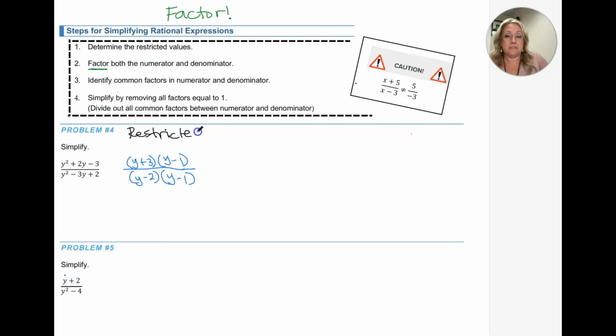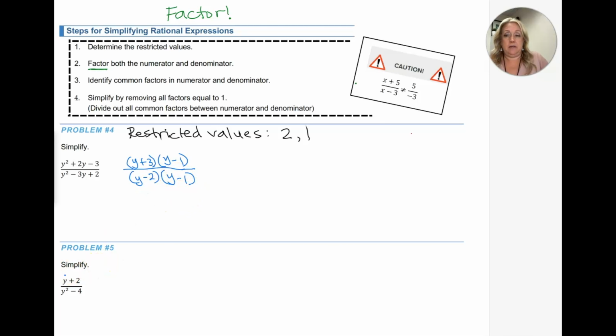So if I put 2 in place of y, 2 minus 2 gives me a 0, so 2 is one of my restricted values. And if I put 1 in place of y, 1 minus 1 is also 0. And so those are the two ways that we would get 0 in the denominator.